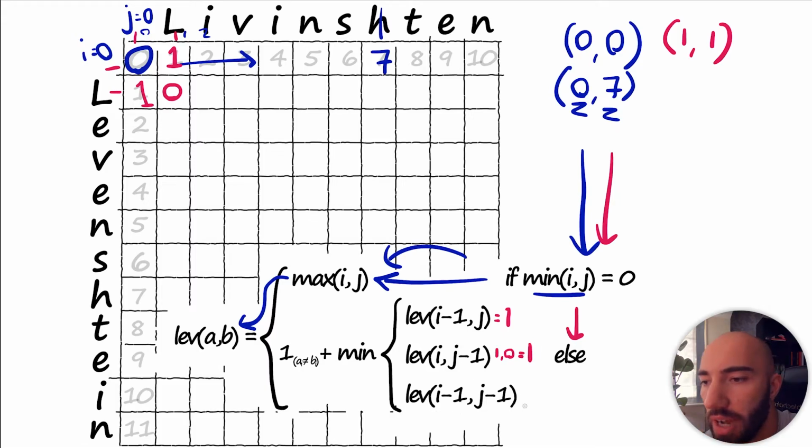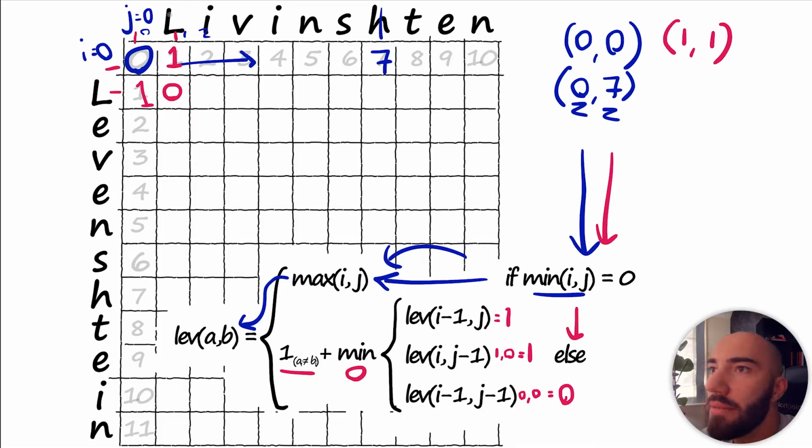Then we come to this final one here, i minus 1, j minus 1. Okay, so that means 0, 0. So position 0, 0. What do we have there? Okay, we have this number 0. There we go. So we take the minimum value of those, which is obviously this 0 value here. So this is going to be equal to 0. Then we have this here. And what this part of the formula is telling us is we need to add 1 if A i is not equal to B j.